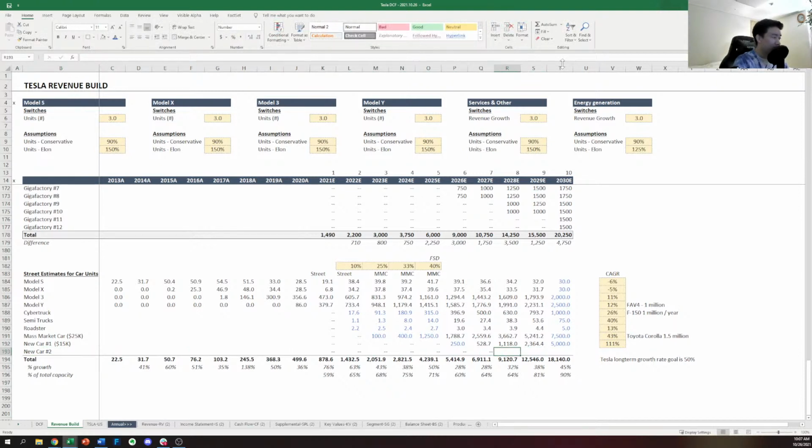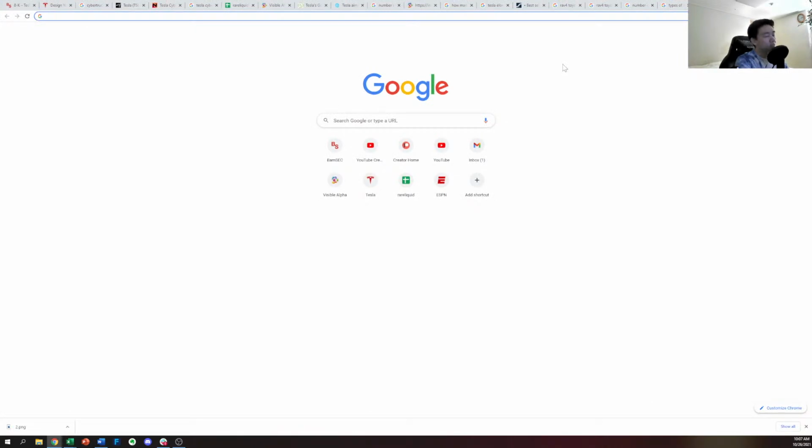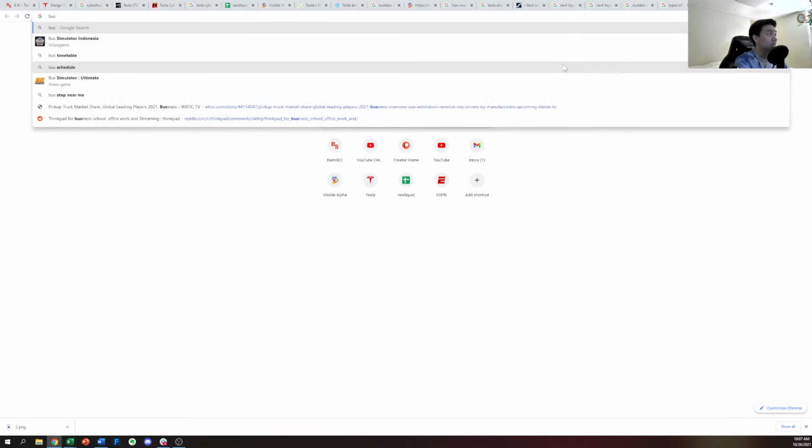I think it makes sense for it to be a bus, because there's so many buses in the world. Well, not so many buses, but imagine if all of the buses were autonomous. That'd be a pretty big need, right? Because it's public transportation. Imagine if everything was autonomous when you take the bus, then that would be amazing, right?